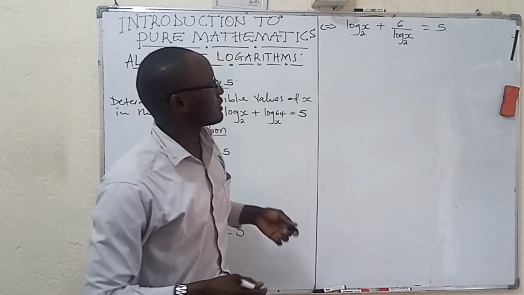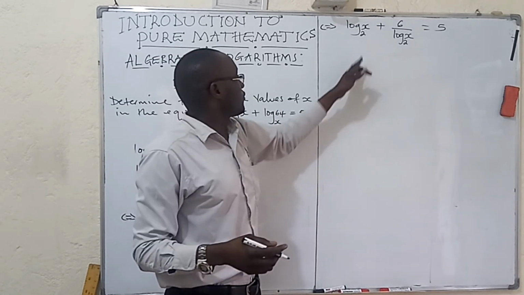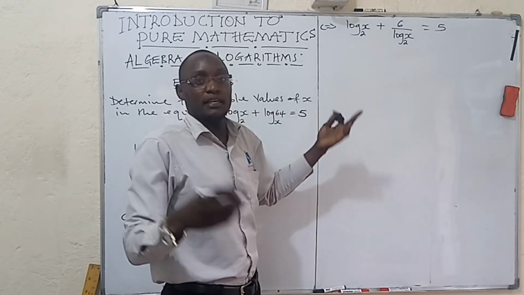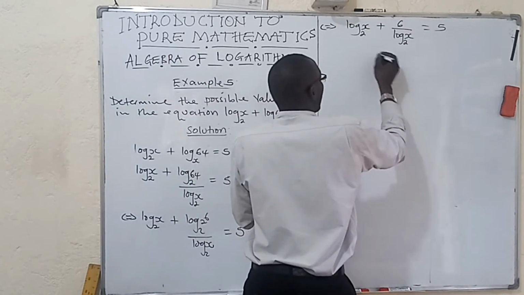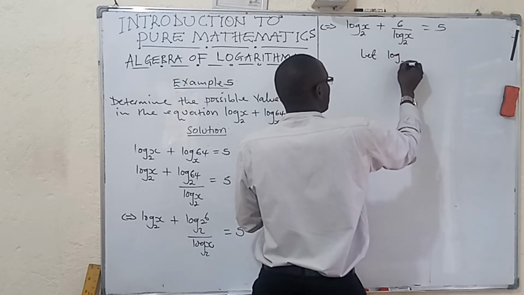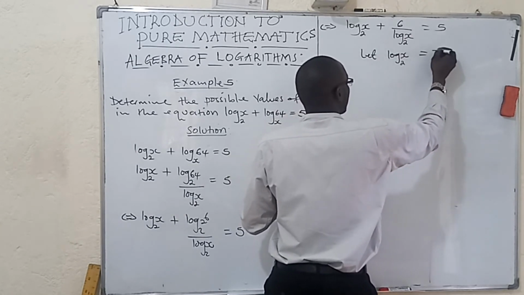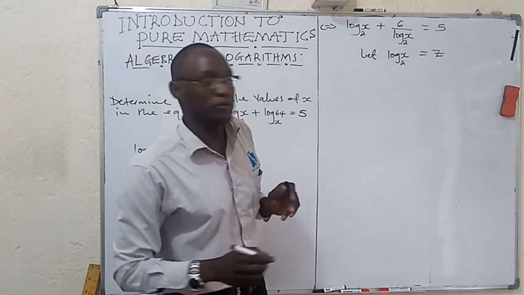Very interesting. So you can multiply through by log base 2 of x. If it is difficult for you, you can let log base 2 of x be a particular unknown. I can call it z. So let log base 2 of x be equivalent to z. Where there is log base 2 of x, I put a z.